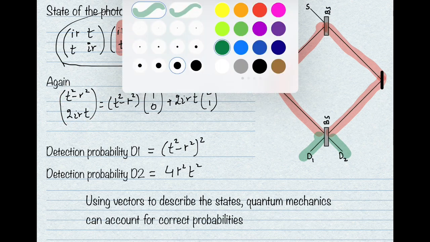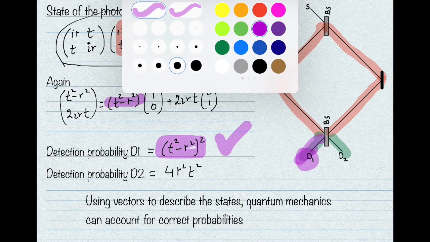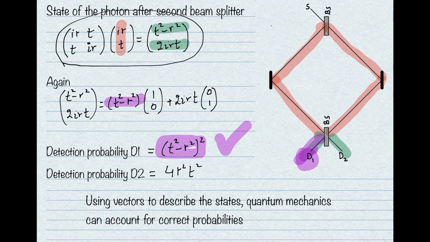We see that the amplitude along the (1, 0) vector, which is associated with this path, is t² minus r². The modulus square, (t² minus r²) whole squared, is the probability of the presence of the photon here, and thus of its detection at D1. We already know that this is the correct detection probability and can be verified by performing experiments on the system.